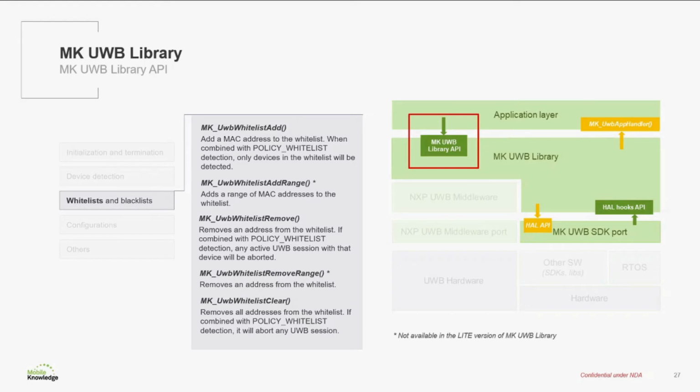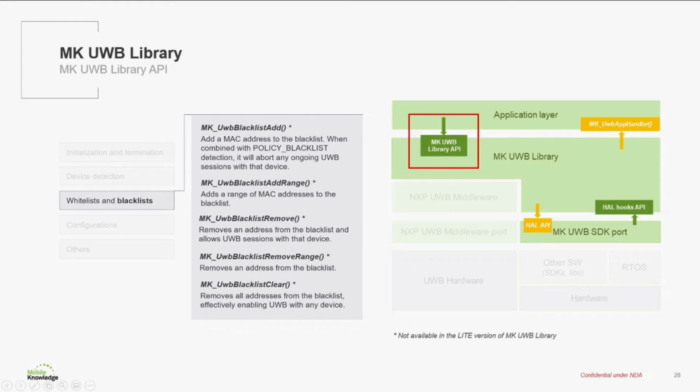It can also add a whole range of addresses by calling MK UWB whitelist add range. Similarly, addresses and ranges of addresses can be removed by calling MK UWB whitelist remove and MK UWB whitelist remove range, and the list can be cleared and reset to an empty state by calling MK UWB whitelist clear.